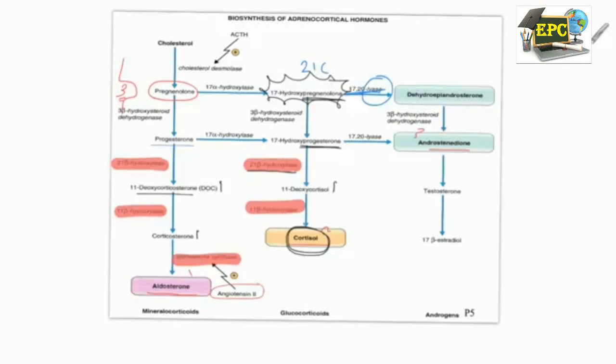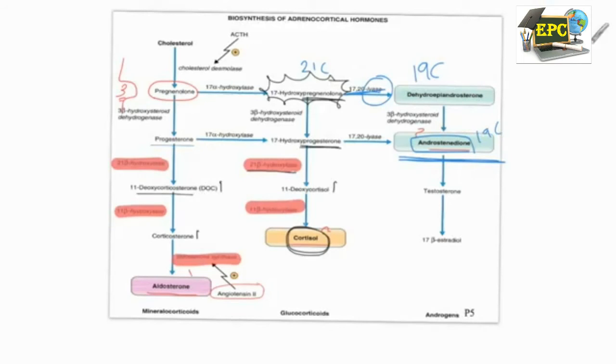By the 17-20 lyase, we would convert it into a 19 carbon molecule, which is the dehydroepiandrosterone, as we discussed before. And from here, we can proceed with the androgen pathway from the dehydroepiandrosterone into another 19 carbon molecule, which is androstenedione. And this androstenedione is a very weak androgen. And here, we stop at the adrenal cortex.